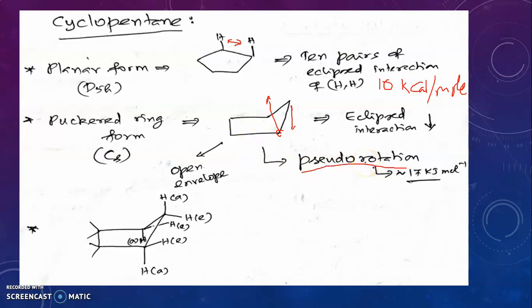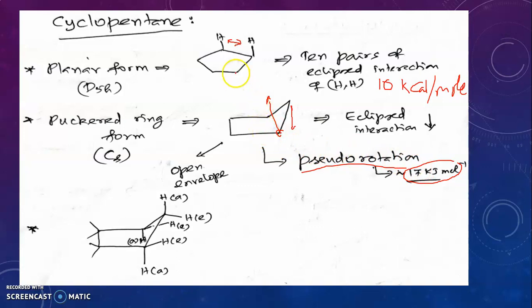This pseudo rotation will provide some potential energy to the molecule, roughly 17 kilojoules per mole, or we can say 1.4 kilocalories per mole. This 1.4 kilocalories per mole makes this puckered ring form slightly unstable.